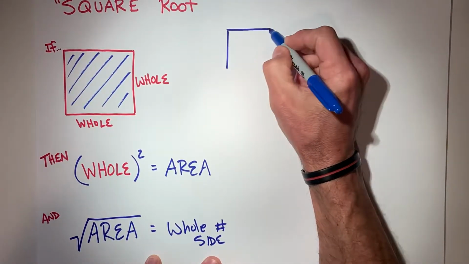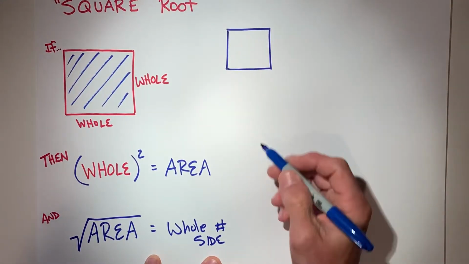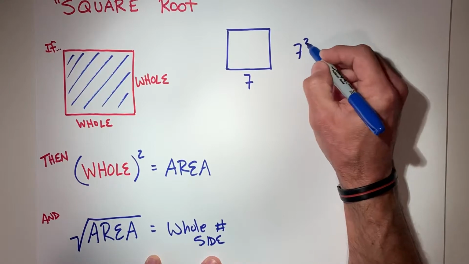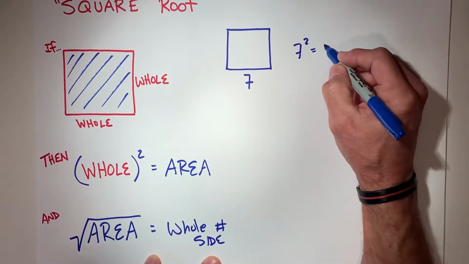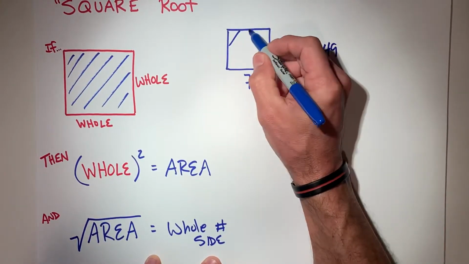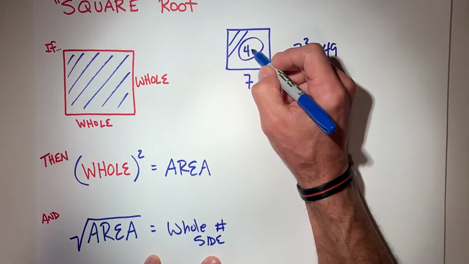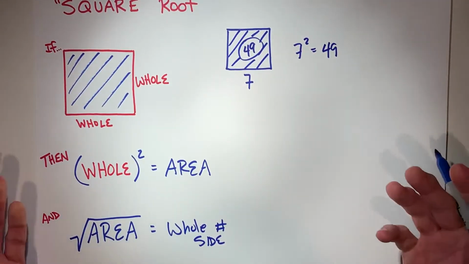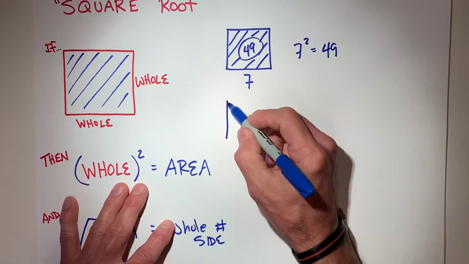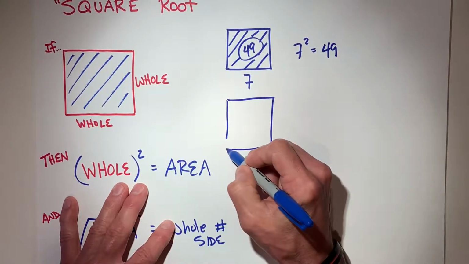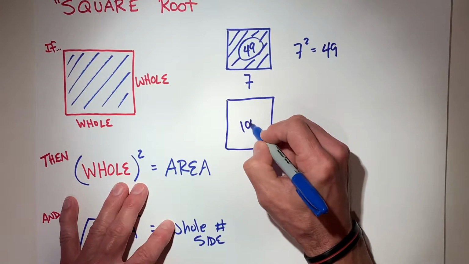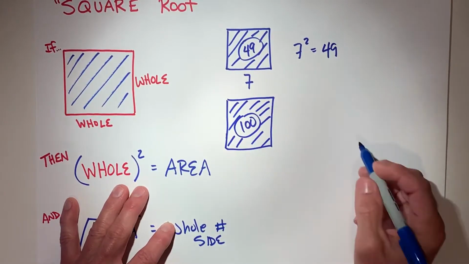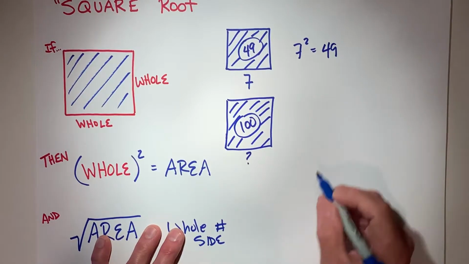If I gave you a square that had a side length of 7, you could immediately do 7 squared, 7 times 7 is 49, and you could tell me that the area of this square, the surface that it covers, is 49 square units. I could do the reverse of that as well. If I gave you a square that was, let's say, 100 square units, what you could tell me is, well, we could figure this out.